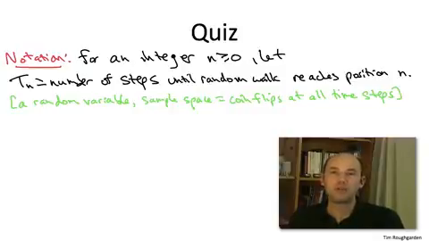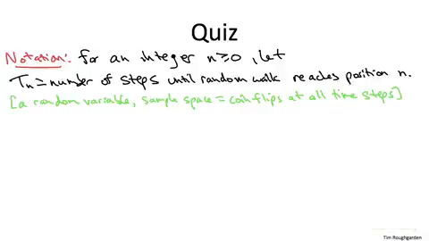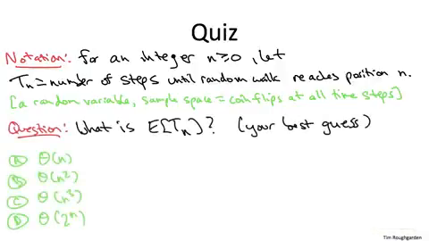On the other hand, once you unveil the answers to all of the random coin flips, whether you go left or right at each time step, you can compute T sub n, just like we did in the sample trajectory on the last slide. So the non-trivial question I want you to think about on this quiz is, how does the expected value of T sub n grow as a function of the position n that you're waiting to reach?